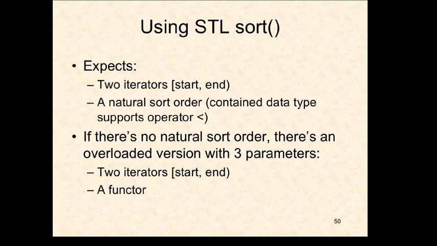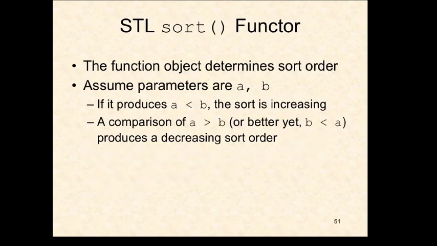And the STL sort, like we said before, expects to be given two iterators, start and end, and a natural sort order, meaning the data type supports operator less than. If you don't have a natural sort order, there's an overloaded version with three parameters: start, end iterator, and a functor. And the functor, A less than B, produces an increasing ordering. We mentioned that previously.